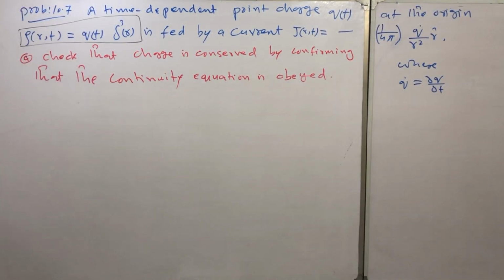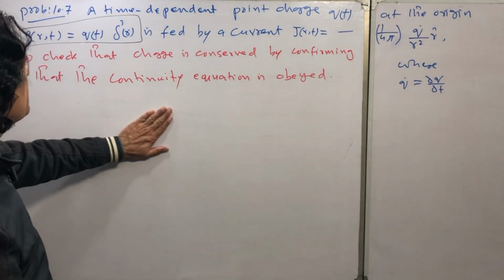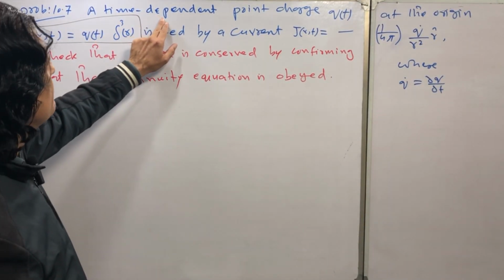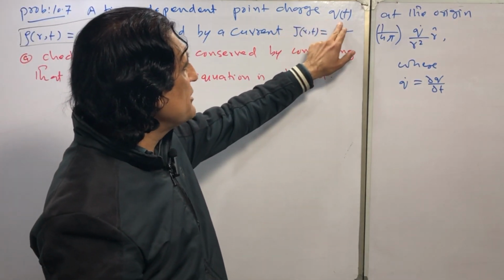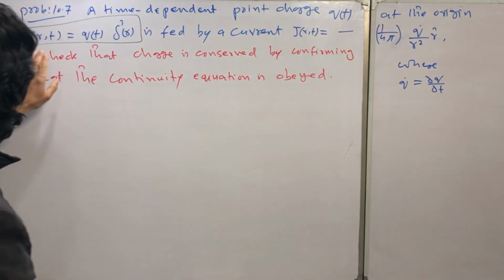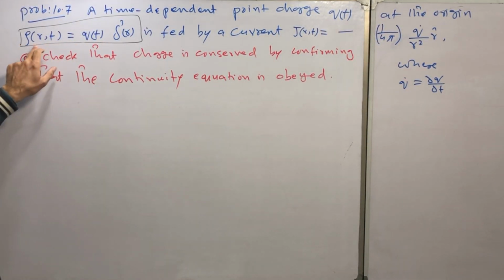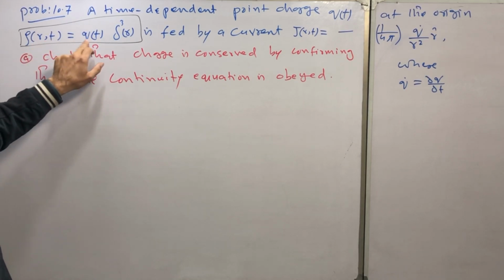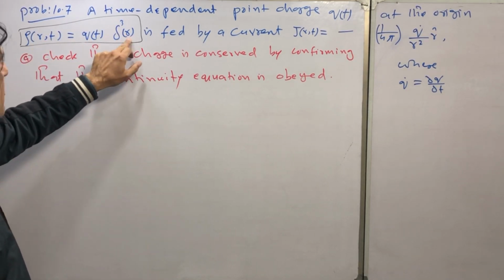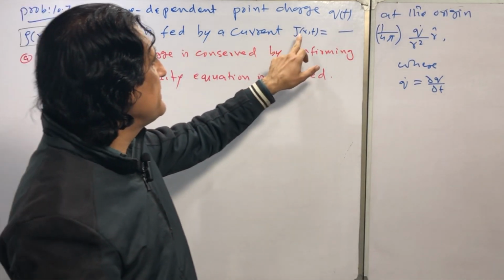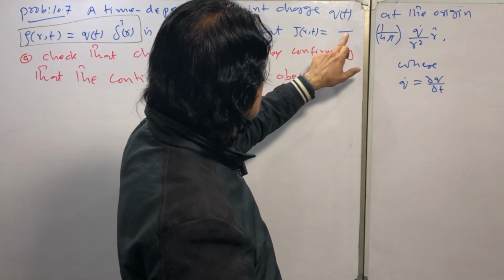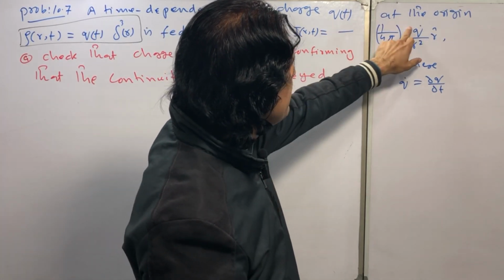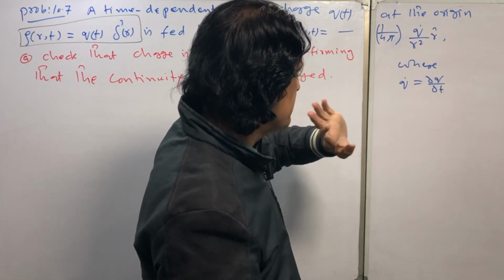And then, in this problem, a time-dependent point charge Q of t at the origin, the charge density, which is equal to Q of t delta cube of r, is fed by a current density J, which is equal to minus 1 over 4 pi Q dot divided by r square, r hat, where r hat is a unit vector.